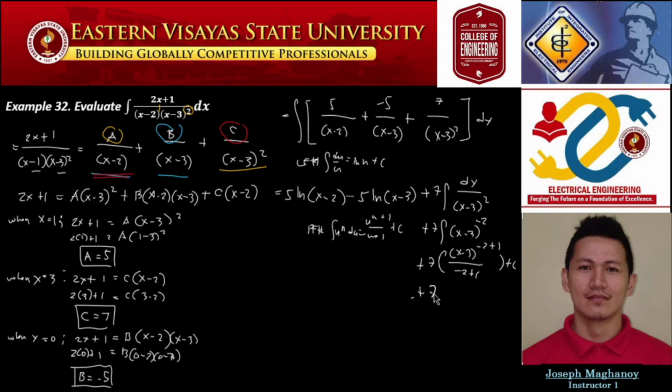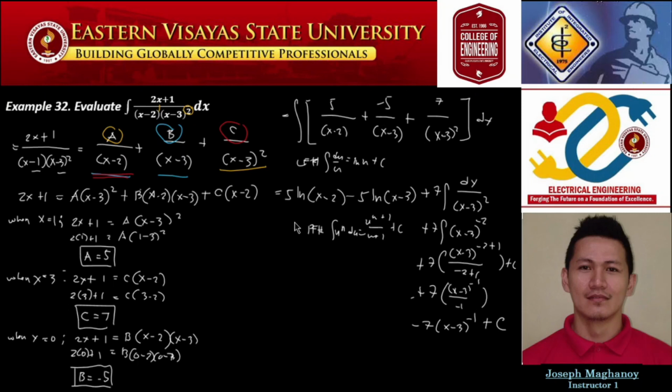It will become 7. It's still negative. The remaining is x minus 3, that is negative 1. Here also negative 1. So we only consider the negative. That is negative 1 times positive 7. It will become negative 7. So writing your power, it becomes x minus 3 raised to negative 1, of course plus your arbitrary constant.